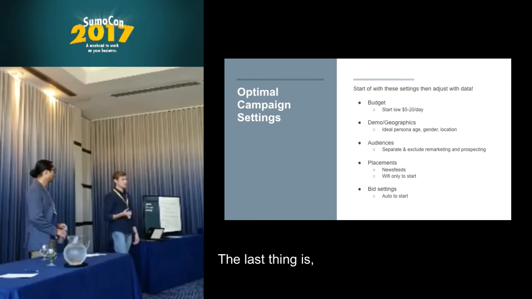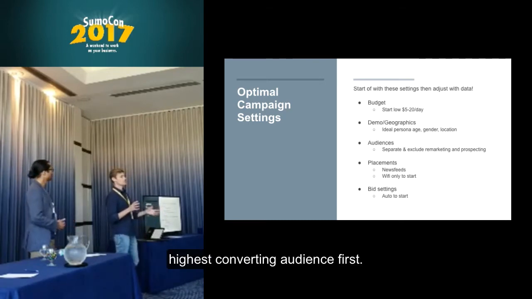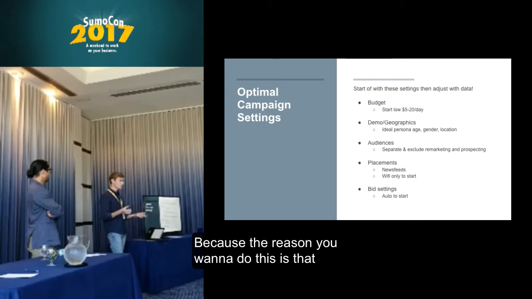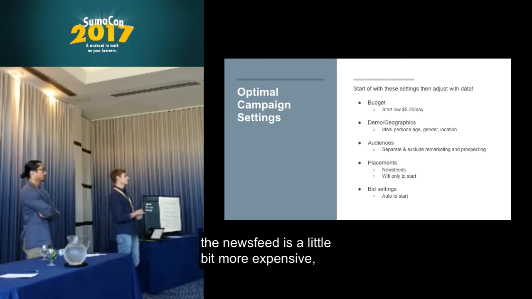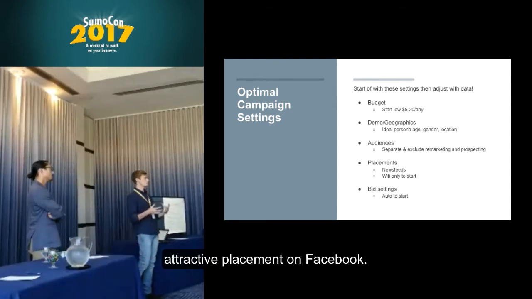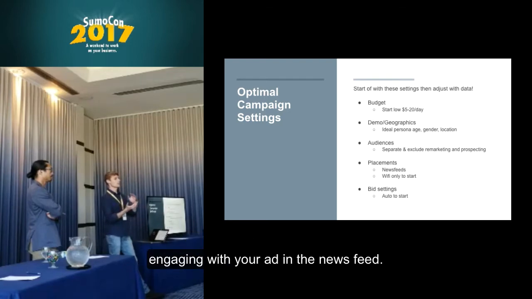The last thing is focusing on finding your perfect highest converting audience first. Start by just going in the newsfeed, Wi-Fi only. Because the reason you want to do this is that the newsfeed is a little bit more expensive, but it's always the most attractive placement on Facebook. So you've got the highest chance of someone engaging with your ad in the newsfeed.